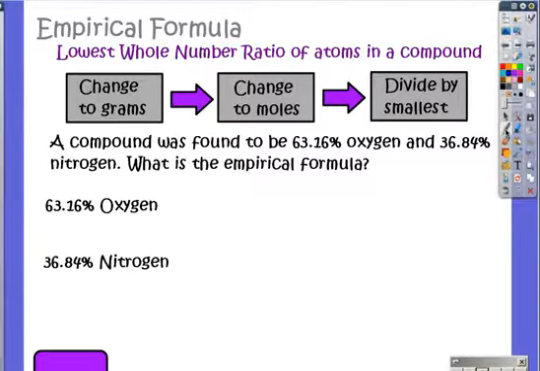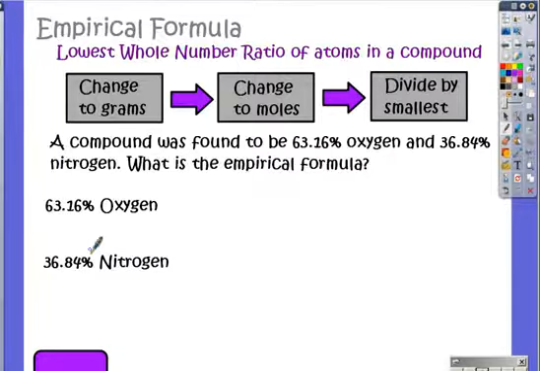Here are the steps that we're going to take. We're going to start with percentages. We don't always start with percentages. Sometimes we will start with grams, or sometimes we may even start with moles. If we start at a different place in the process, then just jump to that place. So in this case, we're going to start with percentages, and I'm going to work the whole thing through for you.